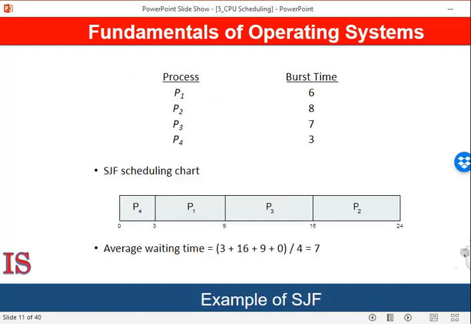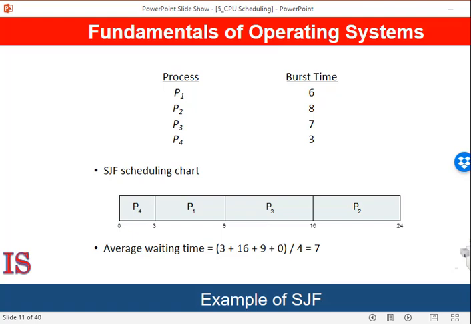As an example of shortest job first scheduling, consider this set of processes with the length of the CPU burst given in milliseconds. Using shortest job first scheduling, we would schedule these processes according to this Gantt chart. The waiting time is 3 milliseconds for process 1, 16 milliseconds for process 2, 9 milliseconds for process 3, and 0 milliseconds for process 4.